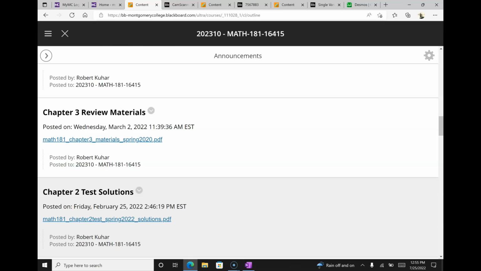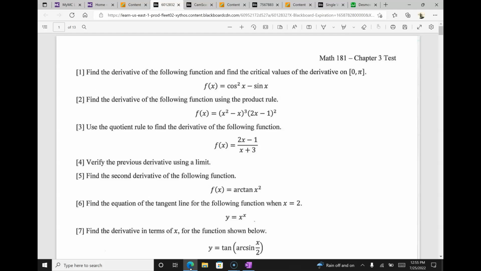Yeah, that's just chapter 2. You're going to have chapter 2, chapter 3 together. I haven't decided yet. Here is number 2.